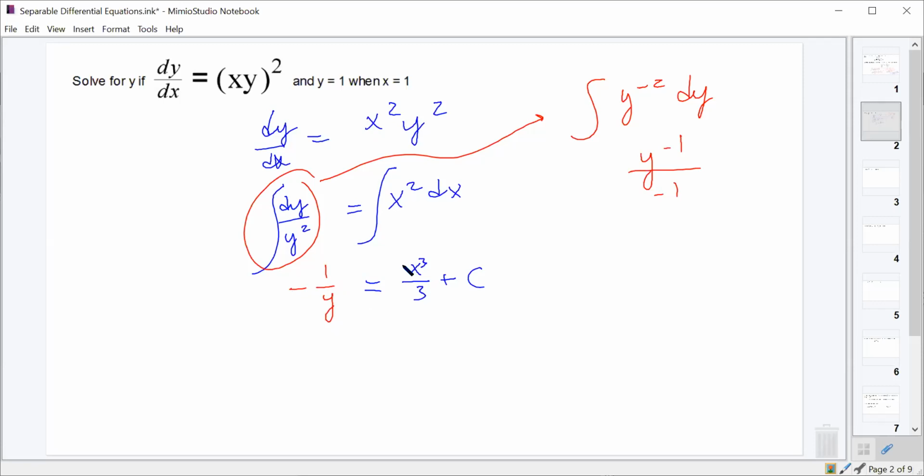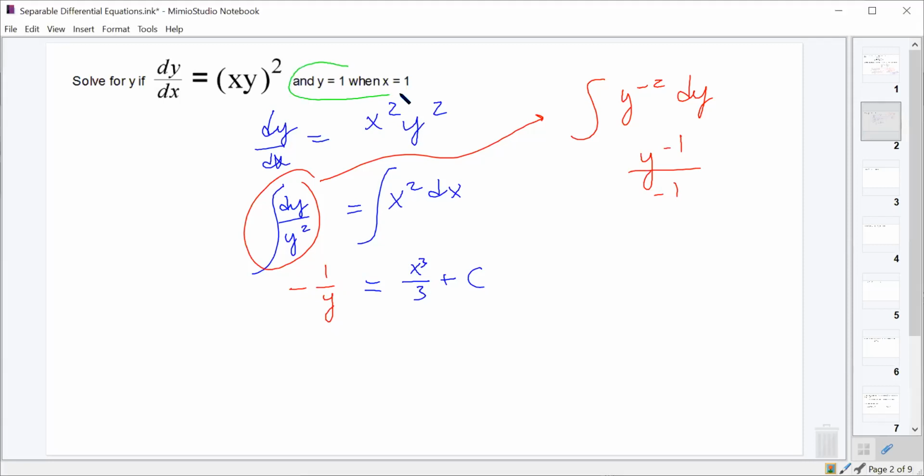Good. All right. So now there are two different ways to go about solving for this constant. Some people prefer to solve for y explicitly first, and then plug in your initial condition and find c. But I think that it is much easier if at this point we take into account our initial condition.